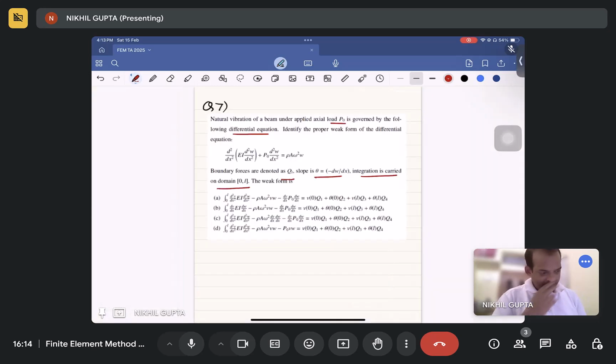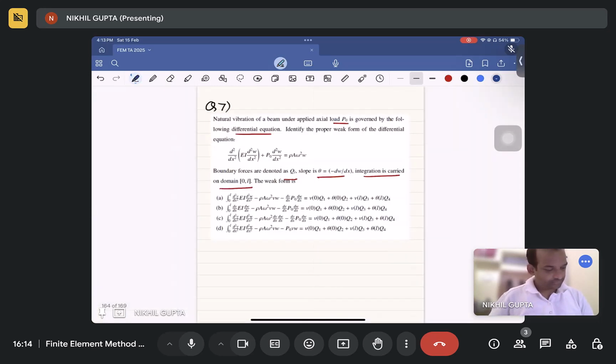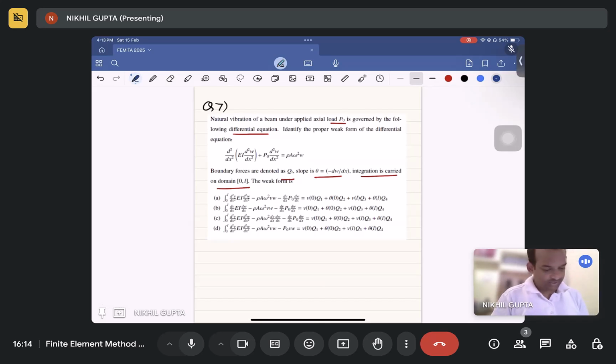Okay. So let's start solving this question. So you have to find a weak form. Again, I have done too many questions from before to form a weak form. Just let me know how to start.